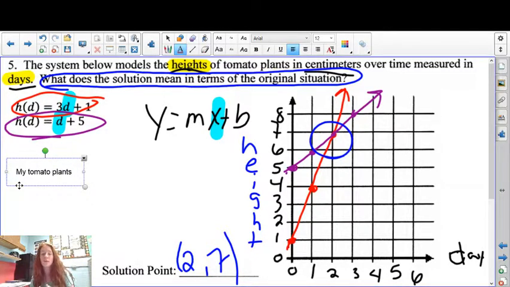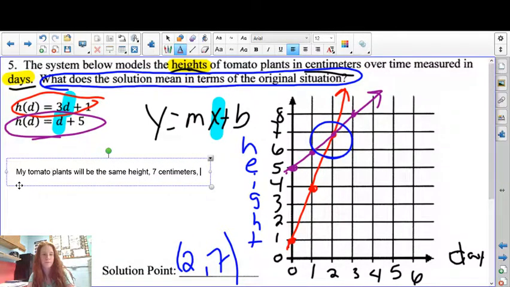So how many days will it take for them to be the same height, essentially is what this question is asking. So the tomato plants will be the same height, which in this case, they end up being 7 centimeters. After only 2 days.